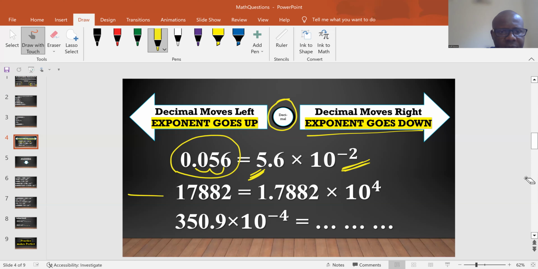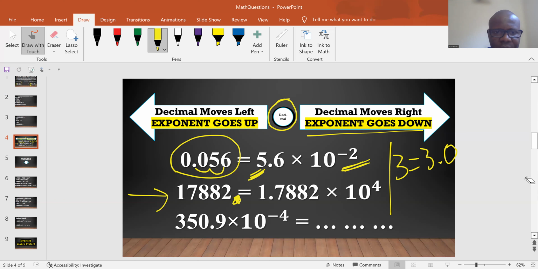The next example, this one here, is 17,882. Write this in scientific notation. You have to understand that the decimal is here. It's very important. If I have a 3, do you know that 3 is the same as 3.0? Anytime you have a number which is not a decimal, you can write it as a decimal just to put that decimal on the right side of the last digit.